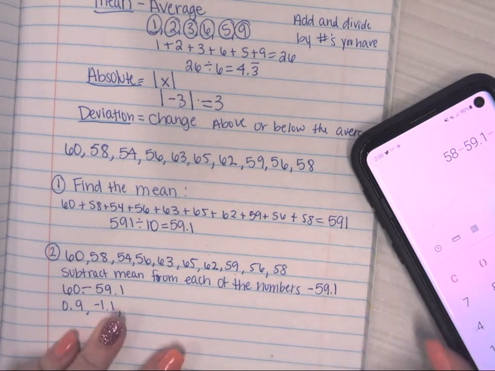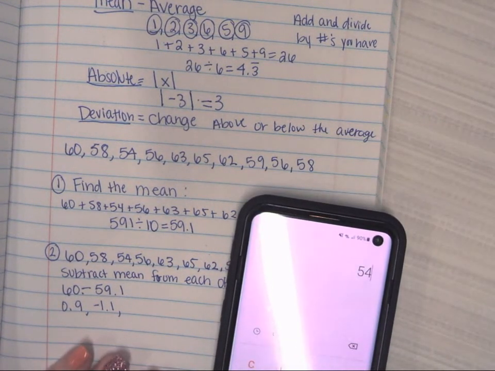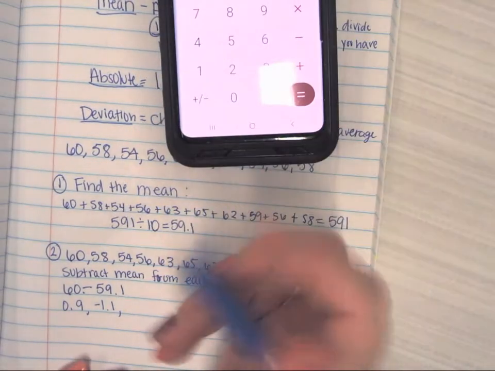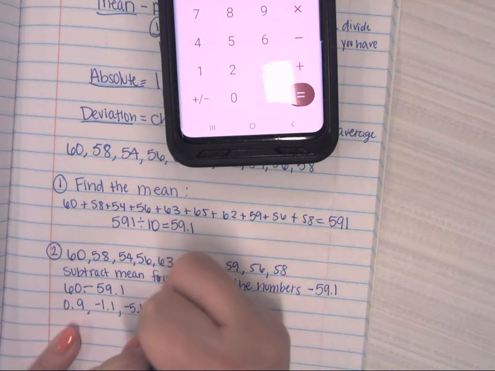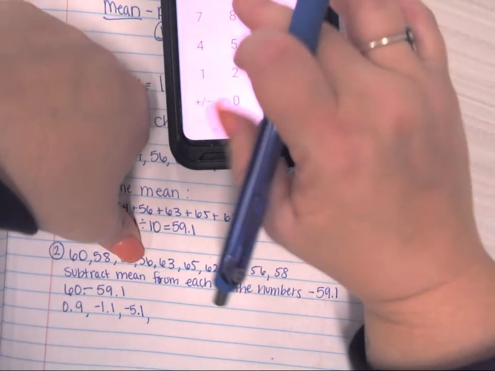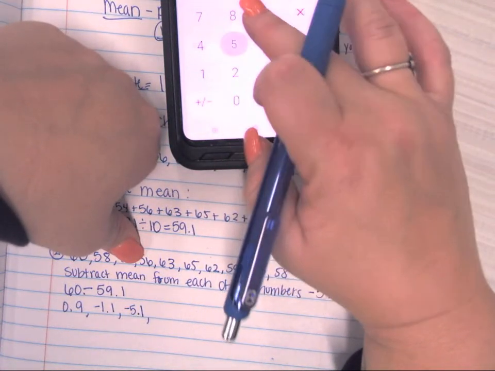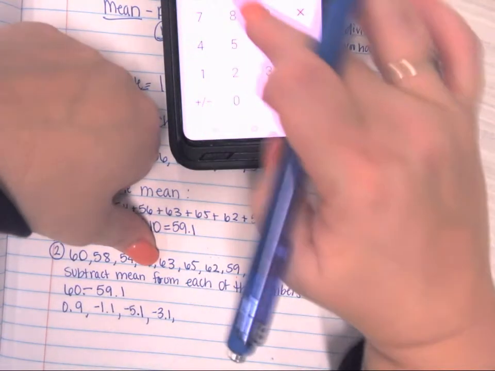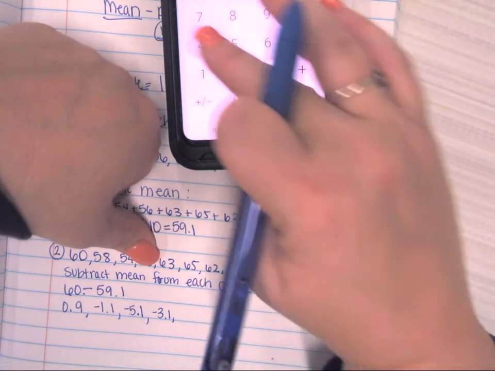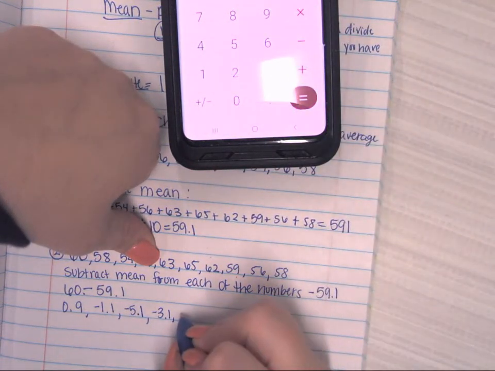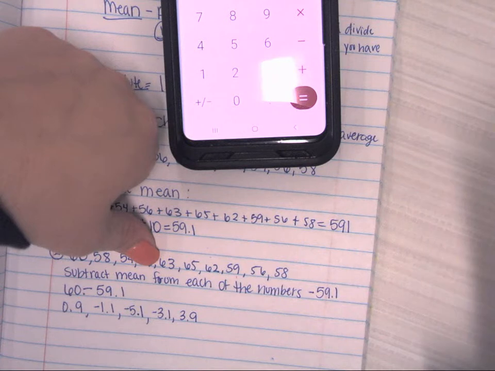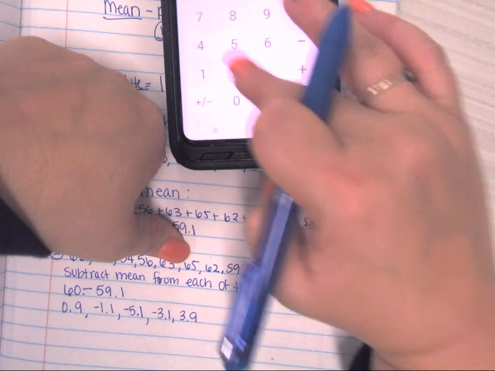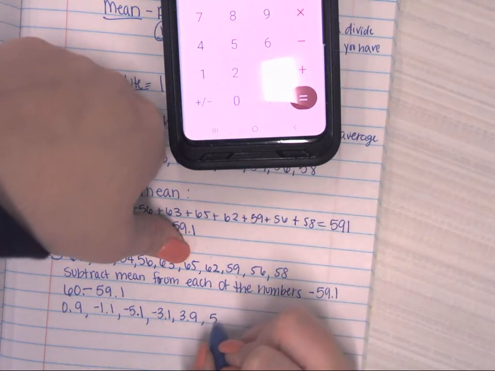Then we subtract 59.1 from each of these. 54 minus 59.1 is negative 5.1, and, told you it's a lot of work. 56 minus 59.1 is negative 3.1, and then we have 63 minus 59.1, which is 3.9, and then 65 minus 59.1, and you have 5.9.